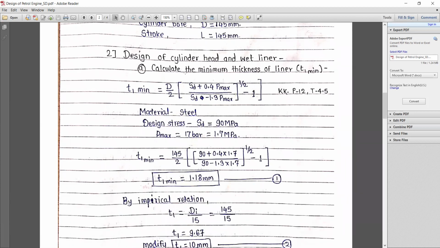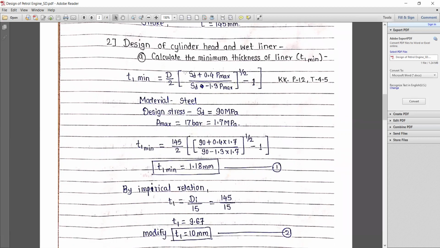Next, we need to design the cylinder head with the wet liner. The cylinder liner we can design based on the minimum thickness. First of all we calculate the minimum thickness required for the cylinder liner. t1 minimum is equal to D by 2 into the square root of (sigma t plus 0.4 P max) divided by (sigma t minus 1.3 P max), minus 1.